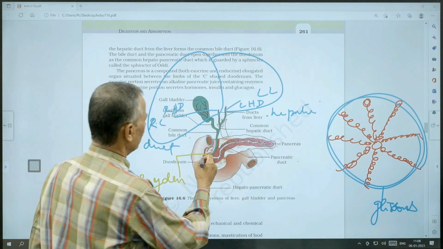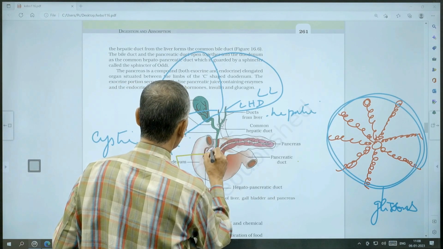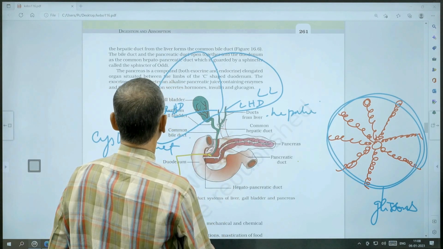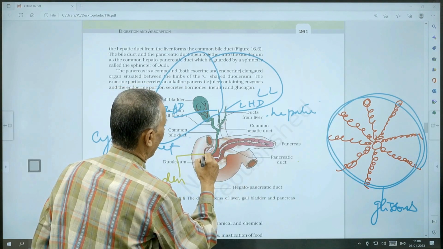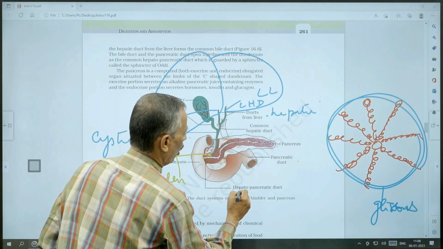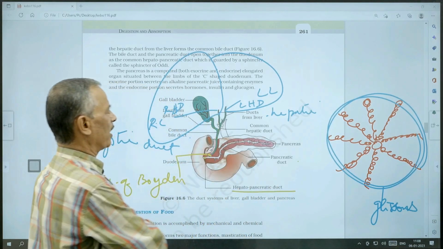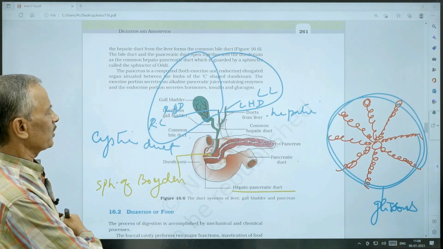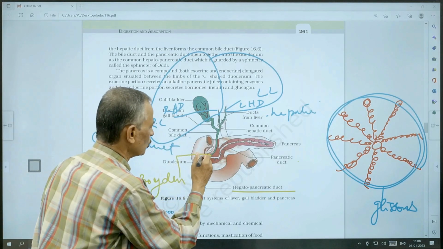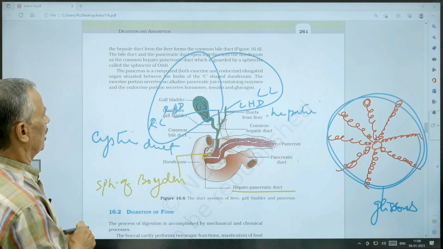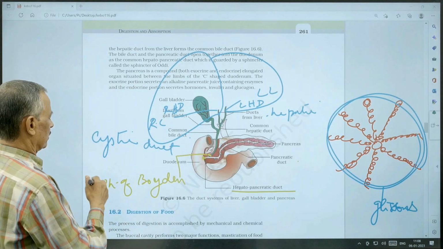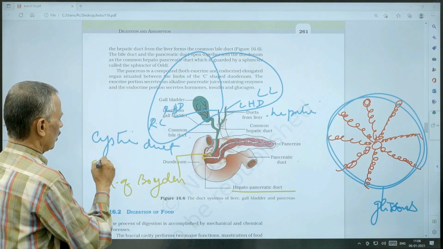This duct will be joining with the bile duct and it forms a common hepatopancreatic duct. This hepatopancreatic duct opens to the duodenum and there you have another sphincter, called the sphincter of Oddi.